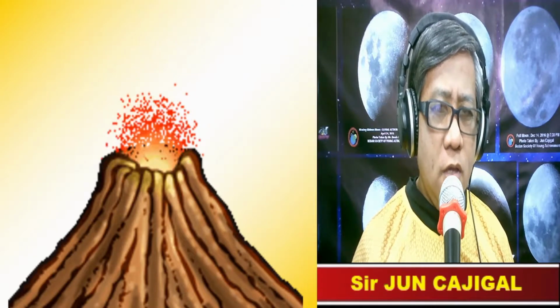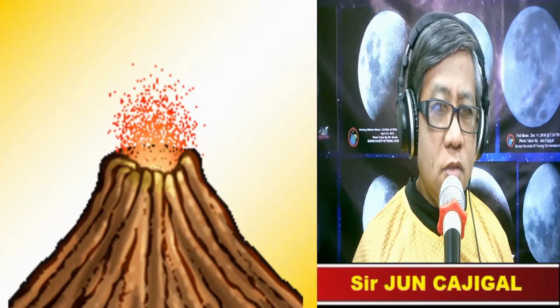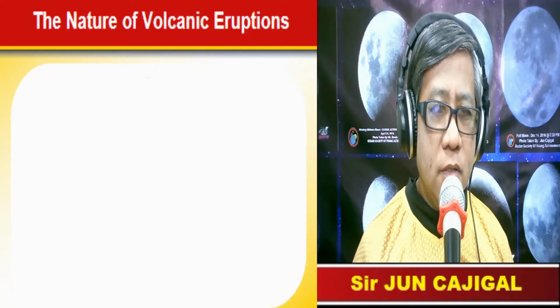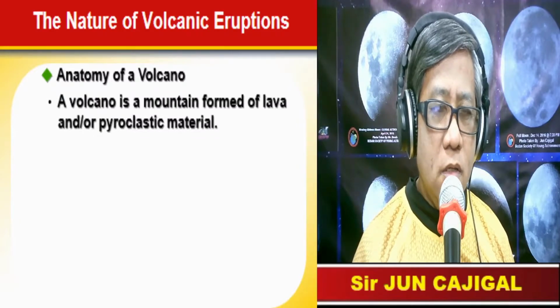Now, a volcano technically is a specialized mountain. A volcano basically is a mountain formed of lava and or pyroclastic material. Now, what do we mean by this term pyroclastic material?